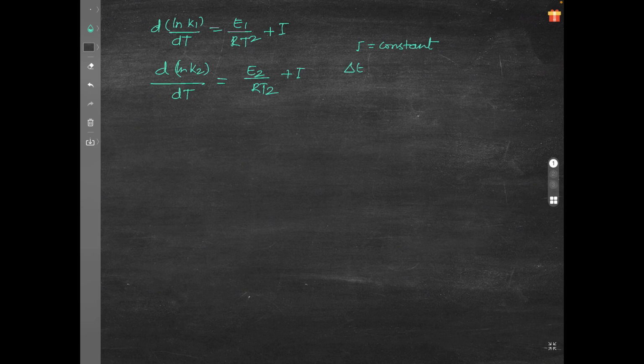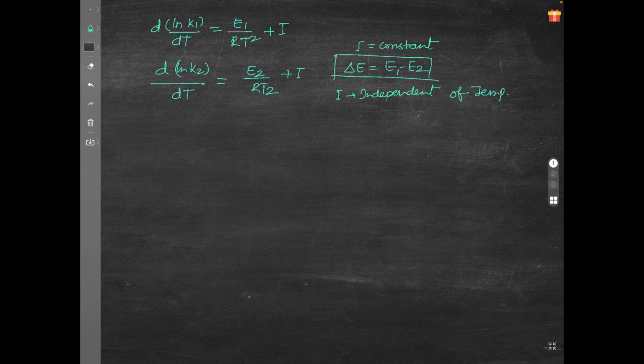Delta E is equal to E1 minus E2, the change in energy. Experimentally, it is observed that I is independent of temperature. Clear?